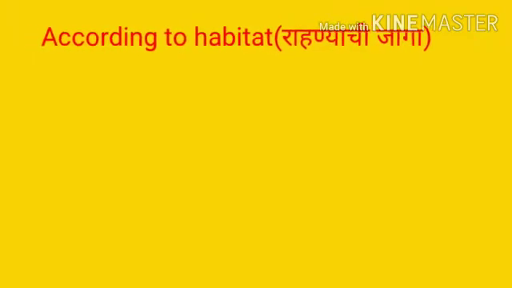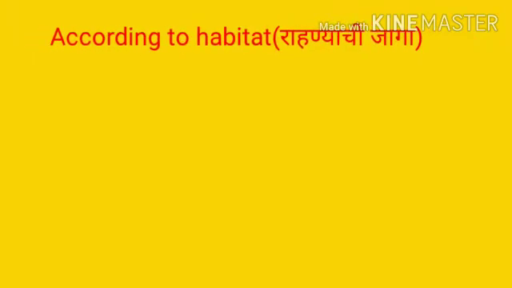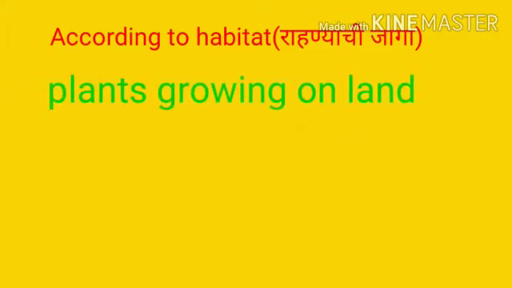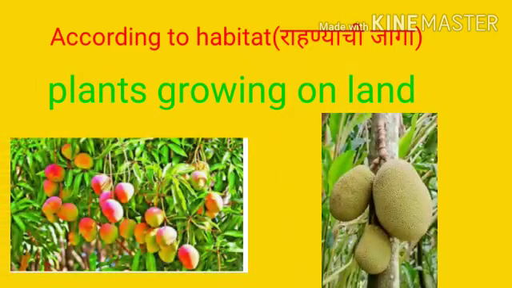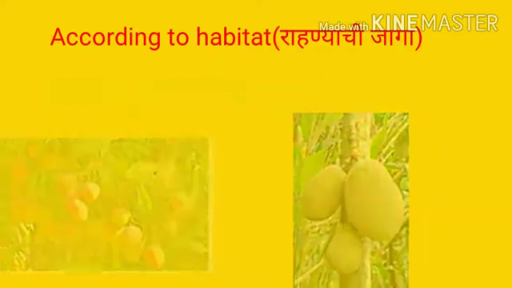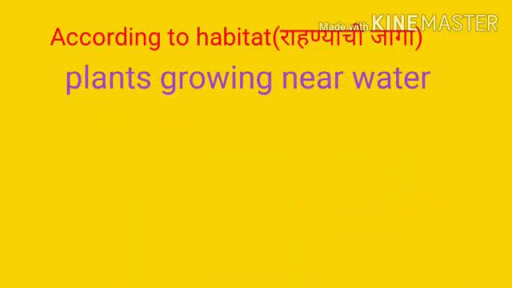So, what did we study? According to the habitat, according to their residence, plants are divided into four important types. First, plants growing on land. Example, mango and jackfruit. Second, plants growing near water. Some plants are submerged in the water, some float on the water.